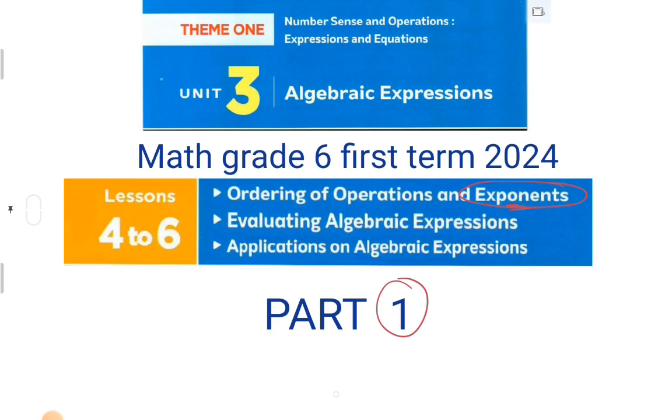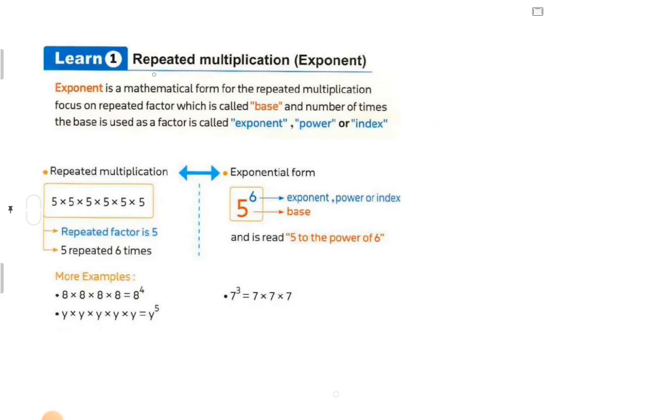Let's get started. Lesson number 1, repeated multiplication. We call it exponent. What is an exponent? It is a mathematical form for repeated multiplication. What's repeated multiplication?